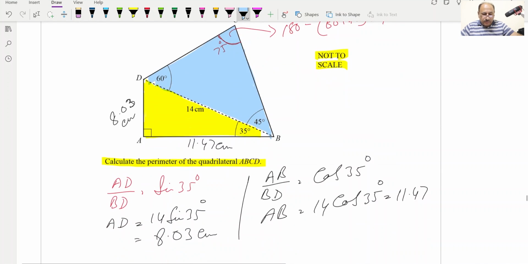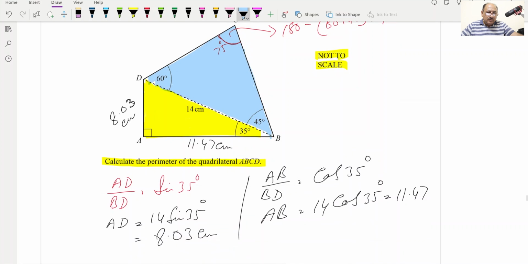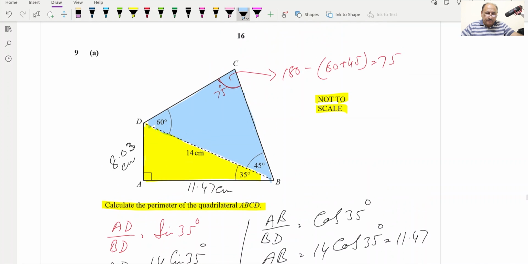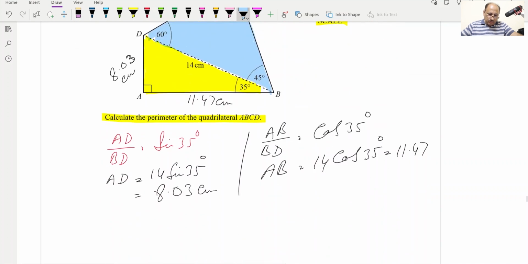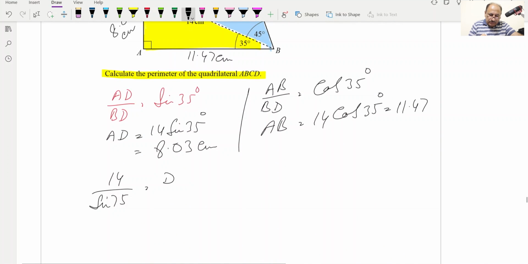So we require DC. For the DC side, we can use the sine rule now. 14 over sine of 75 is equal to DC over sine of 45 degrees.